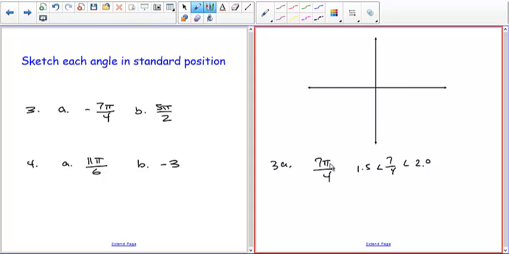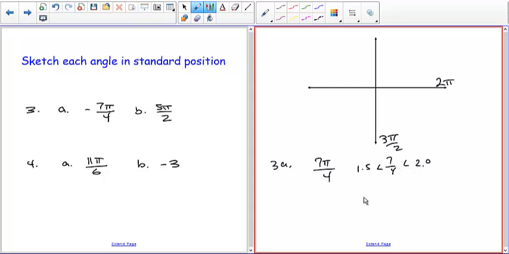So this will end up being in quadrant 1, because now where in quadrant 4 would this be? Well, what you have to think about is, where is it relative to the coordinate axes? This is 3 pi over 2, and if you keep going, this is 2 pi.